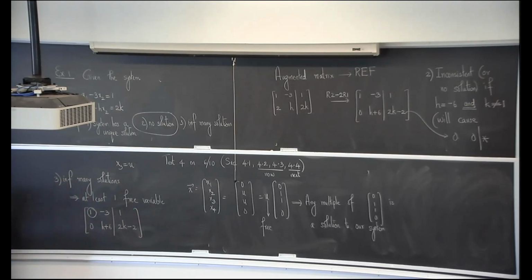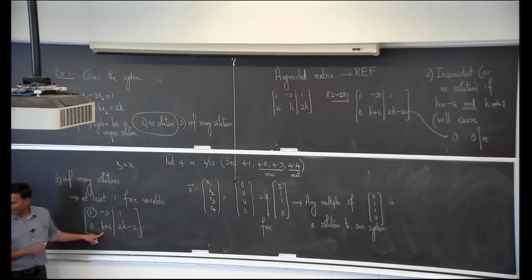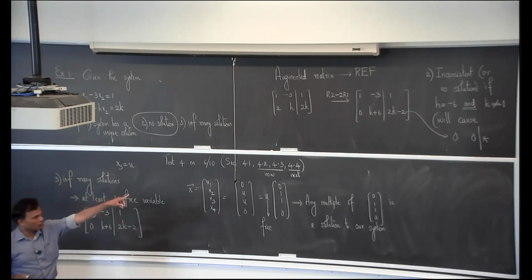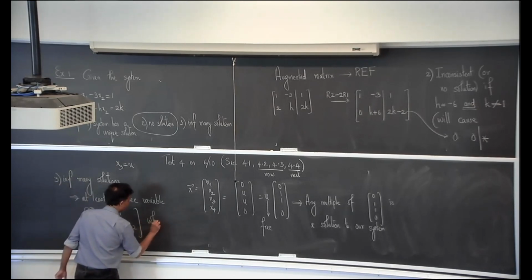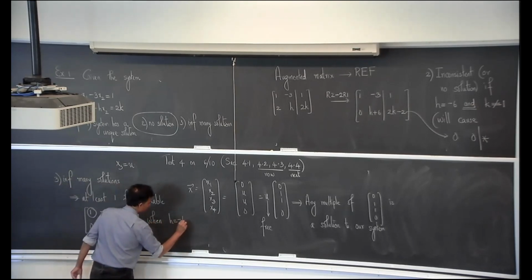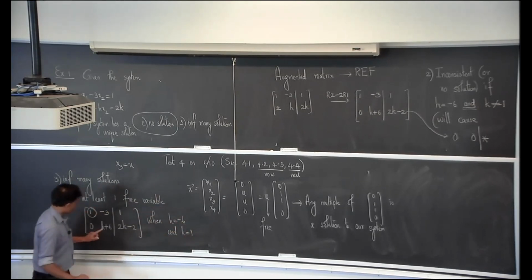Can somebody online try that? When h is equal to -6, what about k? k equal to 1. Okay, so whatever we are trying to avoid there is the situation here, right? So when h is equal to -6 and k is equal to 1, in that case you have 0, 0, 0.